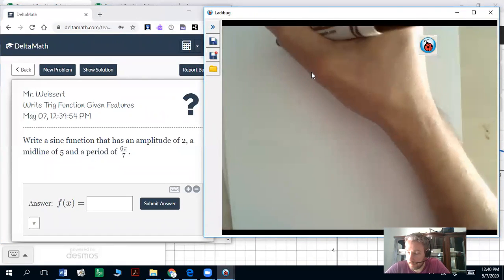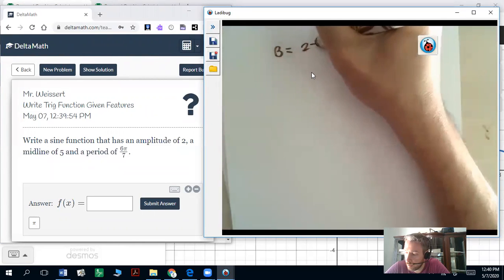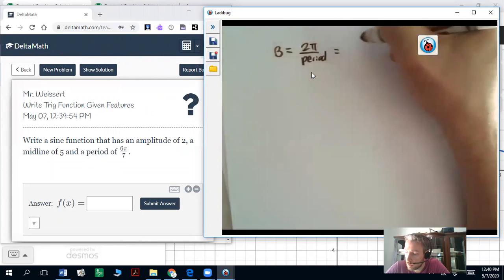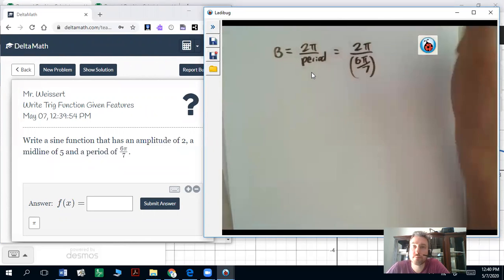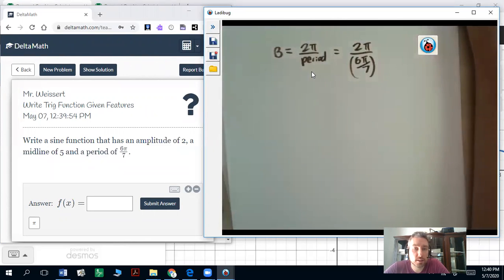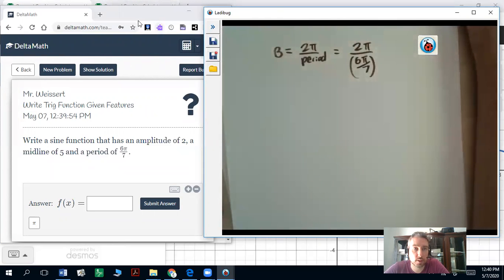We want to get the b value. So the b value is going to be 2 pi over the period. 2 pi divided by 6 pi over 7. Oh, let's put that in the graph.